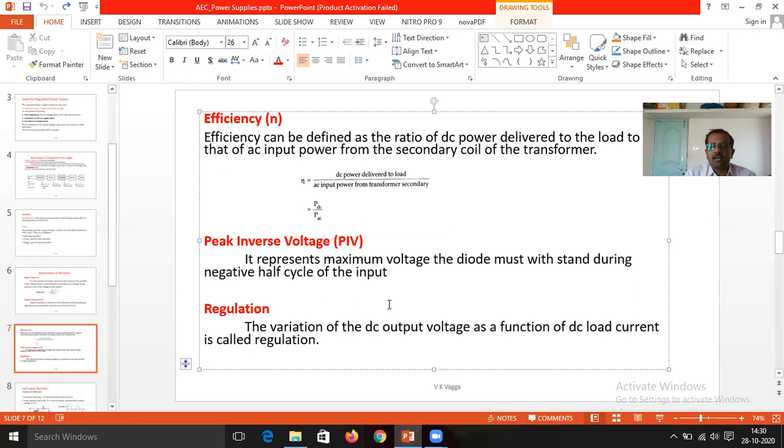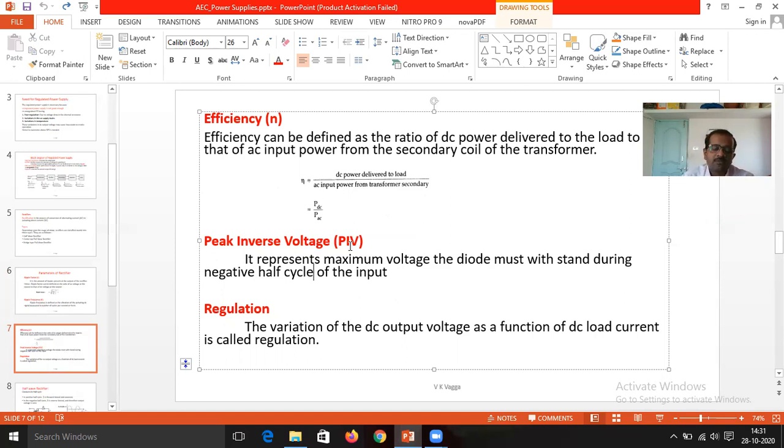I think you know that the diode operates only under forward bias. But under the negative half cycle, the diode will be under reverse bias, so the maximum voltage it can withstand must be considered.